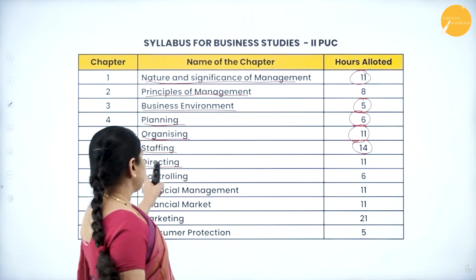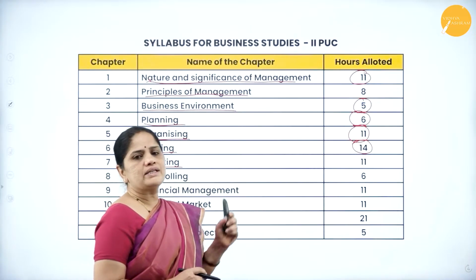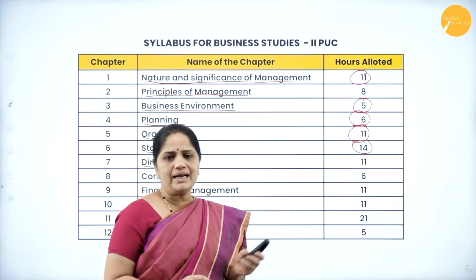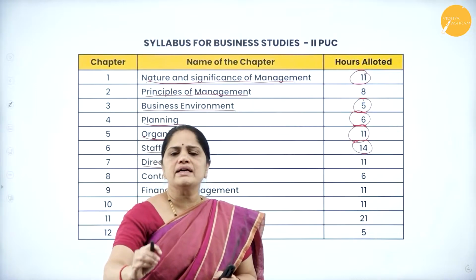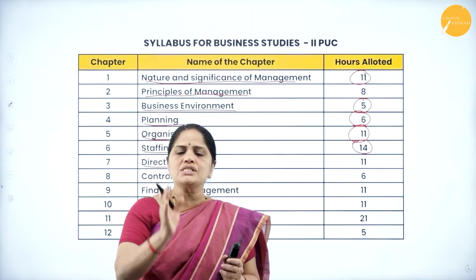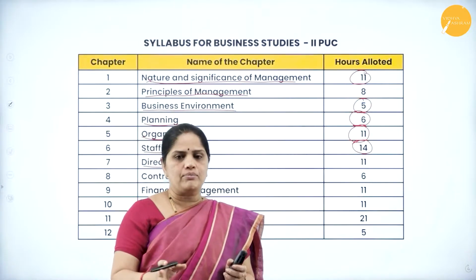Coming to the 7th chapter, now we will look into what you mean by directing. Directing is nothing but supervising the work of other people, giving instructions, giving orders to your subordinates.